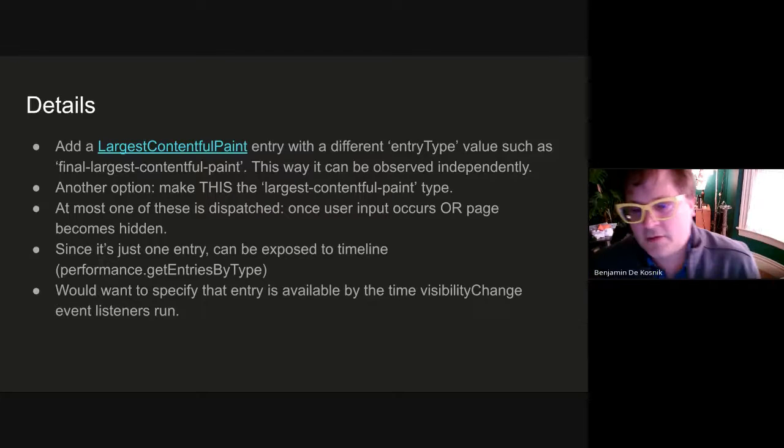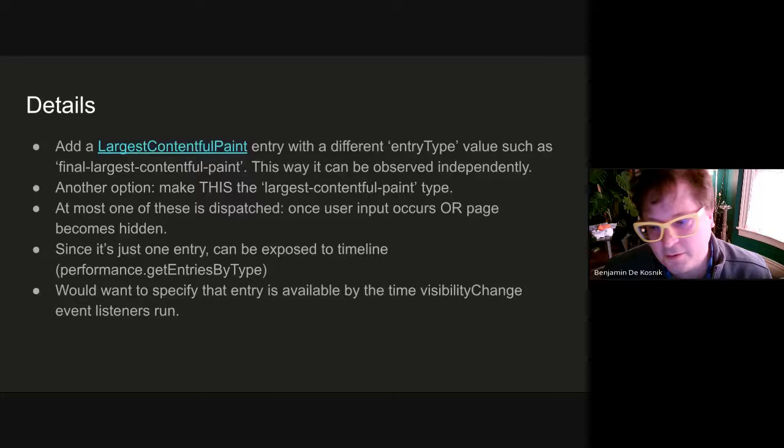To this naming issue, final LCP is clearly not the best. This just makes me wonder again whether we should be doing a first contentful paint and a last contentful paint and doing it as a range. I think that might solve a lot of the problems you are seeing here. And that API shape, I think, would be better.